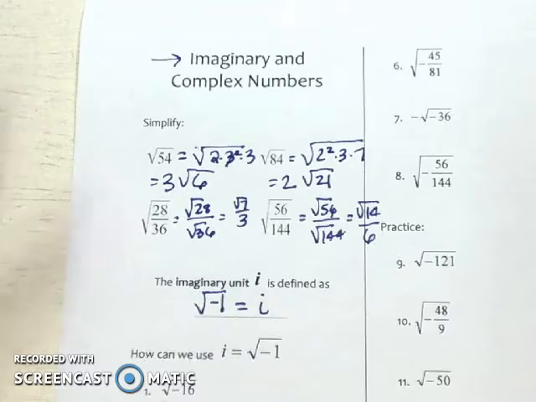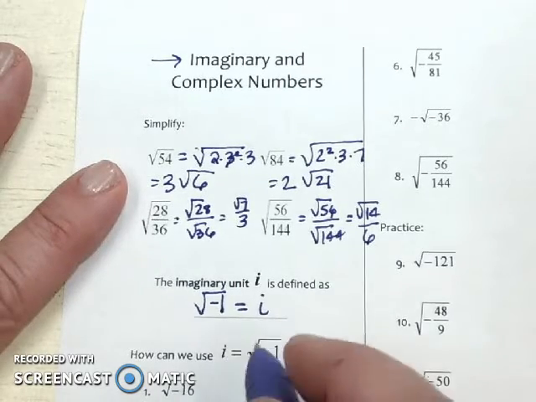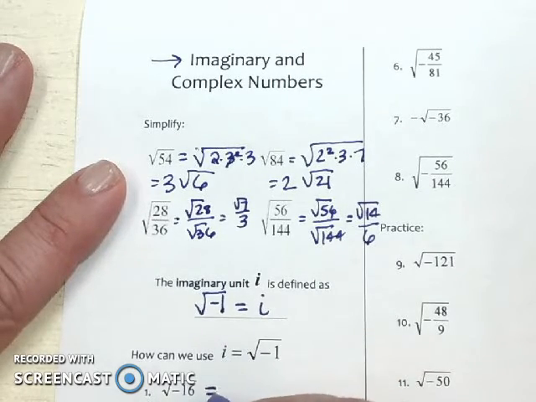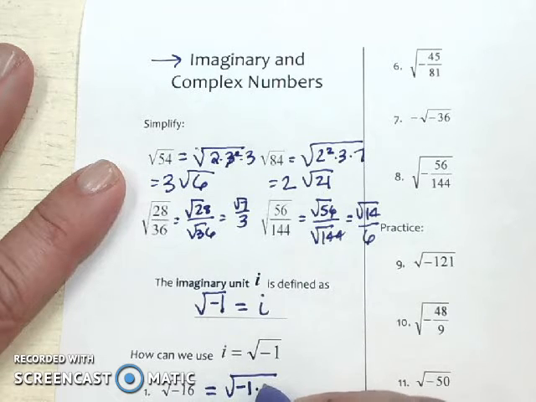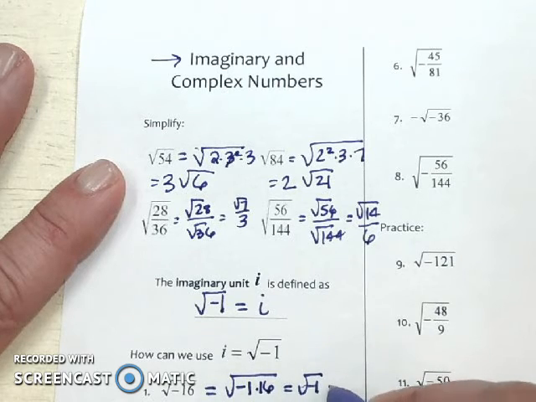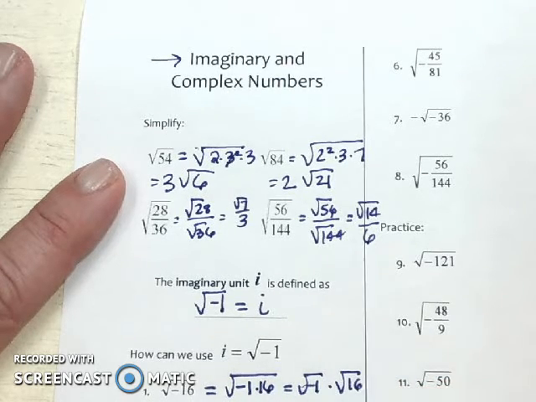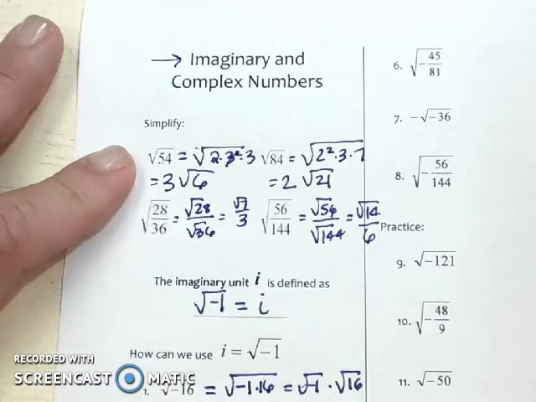So here's how we can use it. If I've got the square root of negative 16, really what I'm doing is I'm changing that to the square root of negative 1 times 16, which I can break apart even further and make it 2 radicals, the square root of negative 1 times the square root of 16.